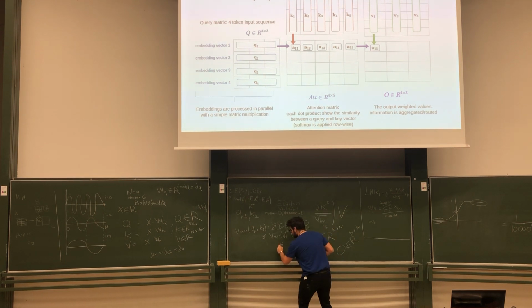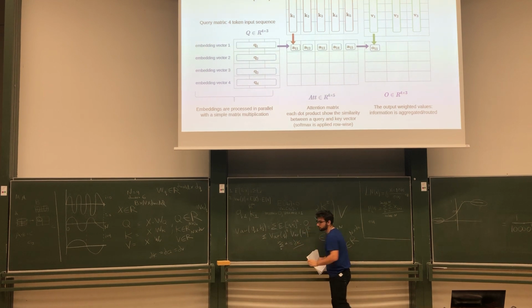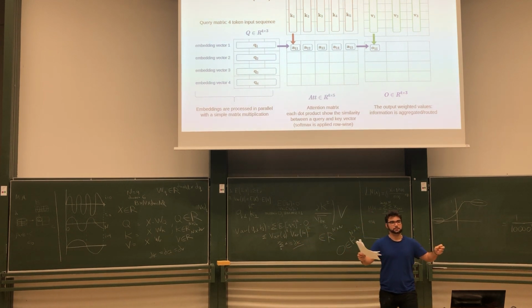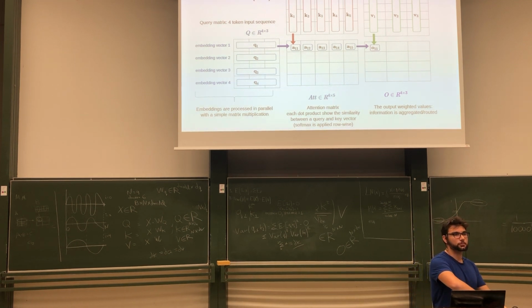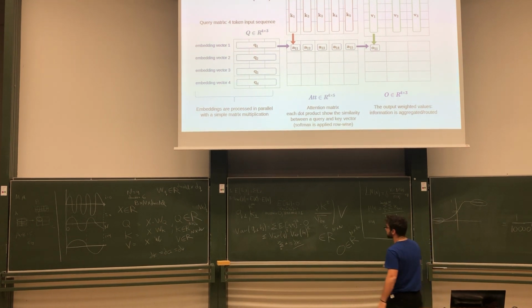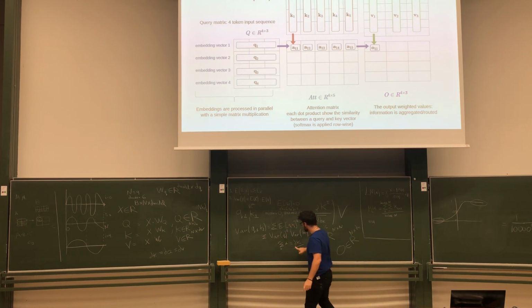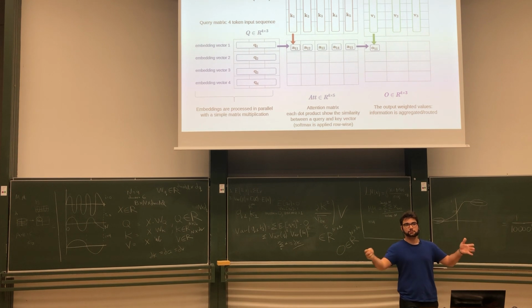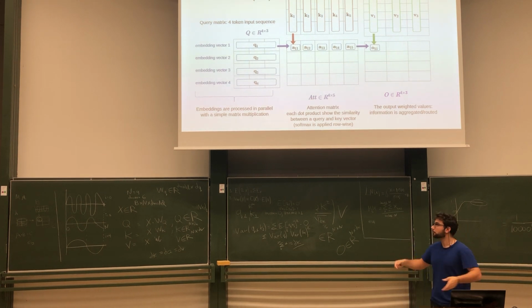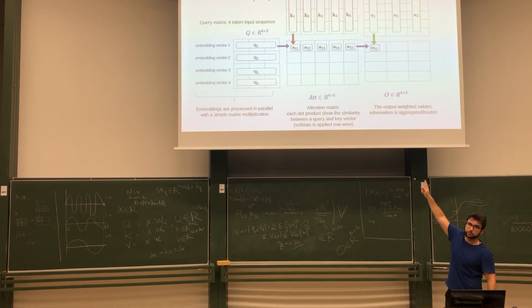So it's the sum of 1 from 1 to dk. So the variance is dk. So basically all this analysis is just to prove something that they just write down in the transformer paper, that the variance of this inner product is dk. And as dk increases, we can have really large values for the numbers here in this attention matrix. Is that clear?